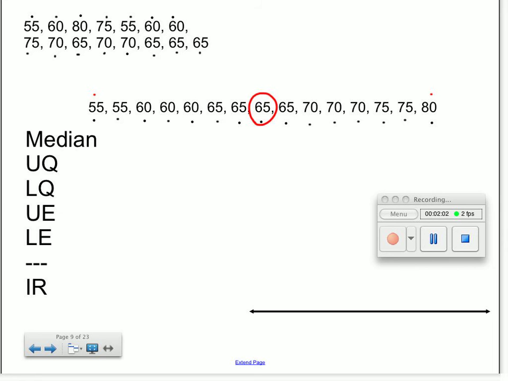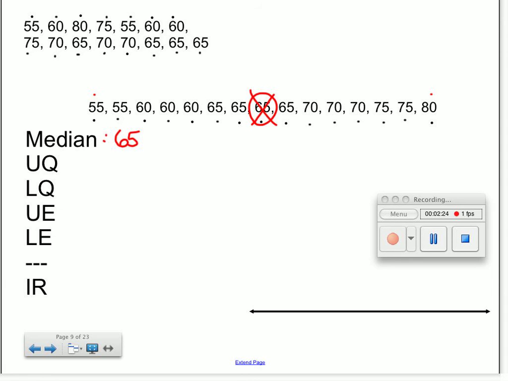All right. I'm going to write it down. So the median is 65, and then I'm actually going to cross it off. The reason why I cross it off is when we're trying to find the lower quartile and the upper quartile, the median of the other data, I don't want you to use that number, okay?